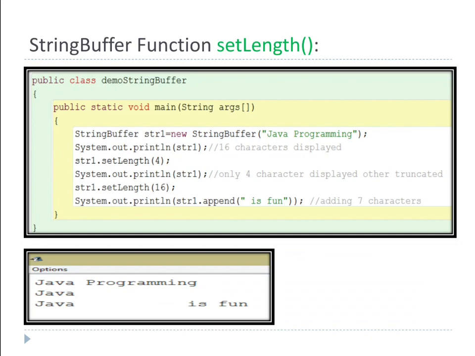You have to remember that setLength either removes characters or provides empty spaces. If set length is larger than the number of characters, then we have empty spaces. If set length is smaller than the number of characters, then the characters are deleted.